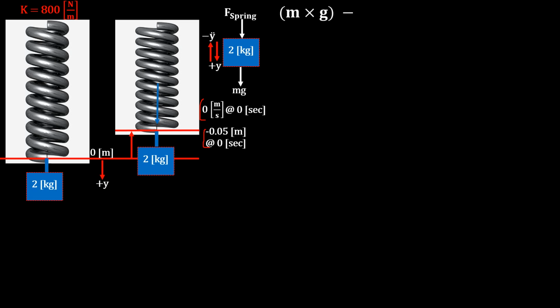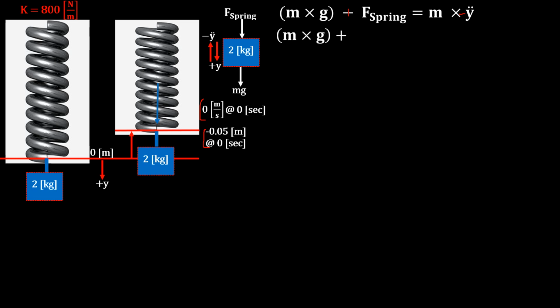So here what we can say is mass times gravity. Oh no, this is wrong. So this is supposed to be positive force of the spring because it's going downward. And this is supposed to be negative.